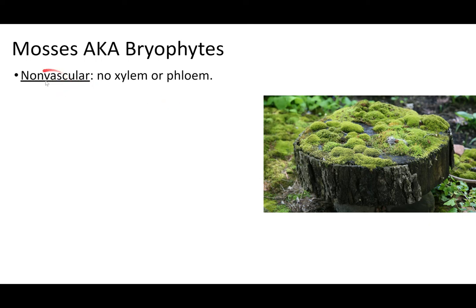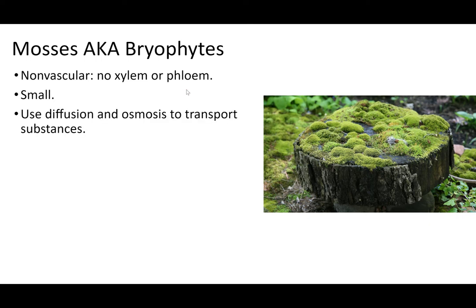Now, mosses are non-vascular, meaning they do not have xylem and phloem tubes to help transport water and nutrients from one spot to another. So there's basically no vascular system. Because of this, bryophytes tend to be very small, and they must use diffusion and osmosis to transport substances.